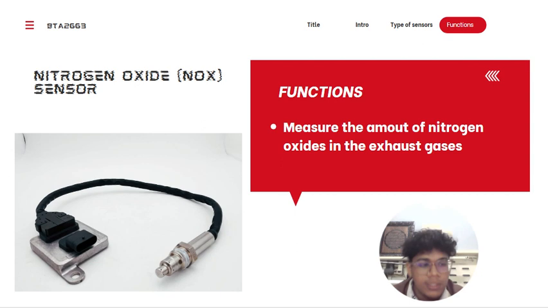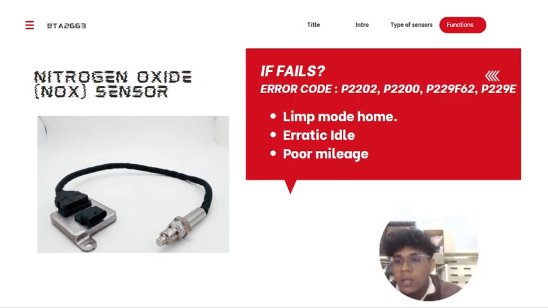There are usually two of these sensors in a diesel vehicle, one before and one after the selective catalytic reduction system. The one before measures how much nitrogen oxide is coming in, and the other one after measures how much nitrogen oxide is coming out to make sure that the selective catalytic reduction system is doing its job.